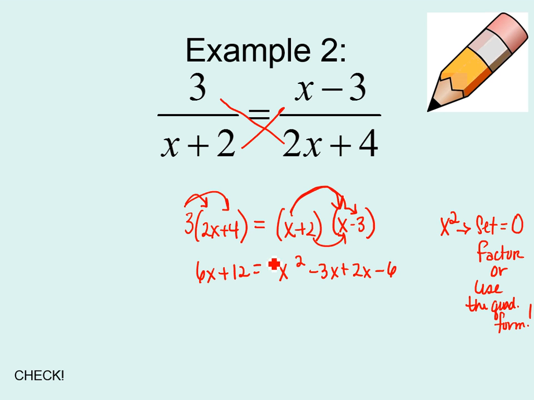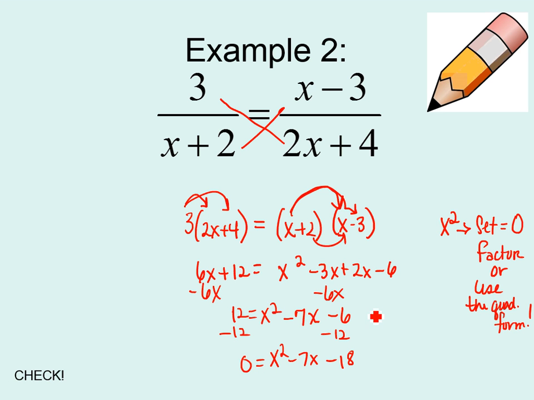So I want to get everything to one side. Subtract 6x from both sides, I get 12 equals x squared minus 7x minus 6, subtract the 12. x squared minus 7x minus 18 equals 0.